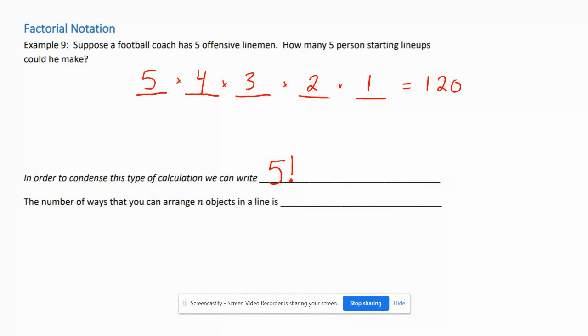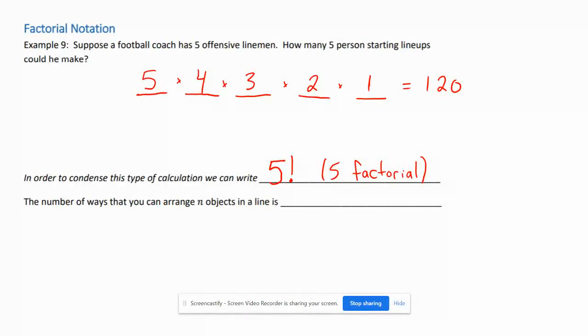It's an exclamation mark, but in math, this actually means something, and this means 5 factorial. Anytime we see an exclamation mark like that, which is the factorial symbol, this means 5, and then you count down by 1, then 4, then 3, then 2, then 1. You multiply those answers together, and you get an answer of 120.